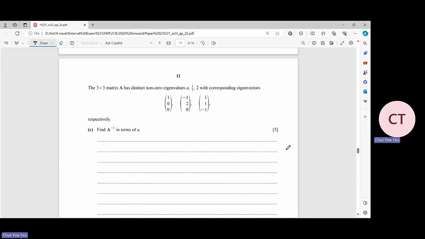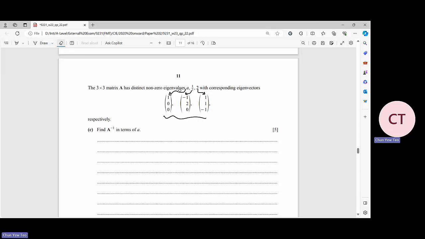So now move on. We are having a matrix A. They say that this matrix A has distinct non-zero eigenvalues. So all the eigenvalues here are non-zero, which means obviously they're telling you that A is invertible. With corresponding eigenvectors, this eigenvalue will correspond to this eigenvector, and so on for the others.